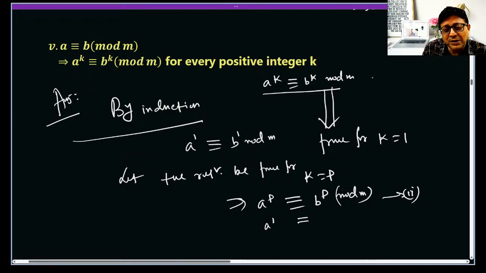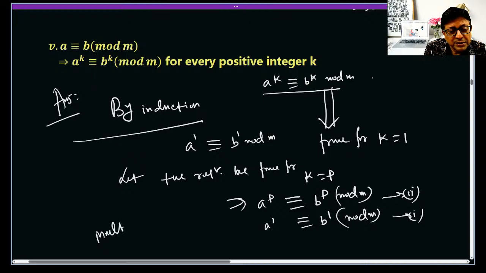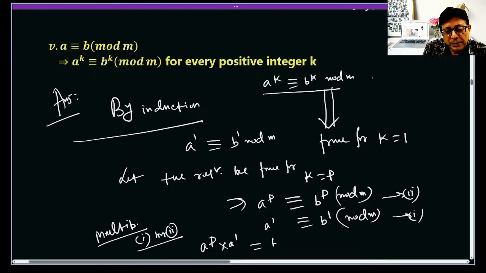A to the power 1 is congruent with b to the power 1 mod m, and also you can multiply two congruencies. Multiply 1 by 2. Multiplication is allowed, the same mod is there, isn't it?